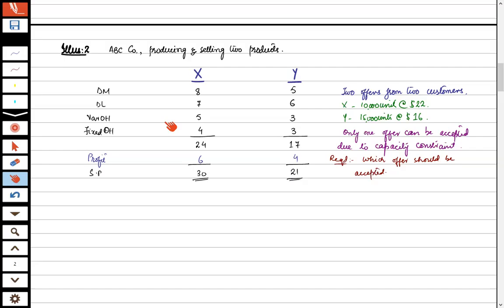Again, now another situation. Illustration 3.